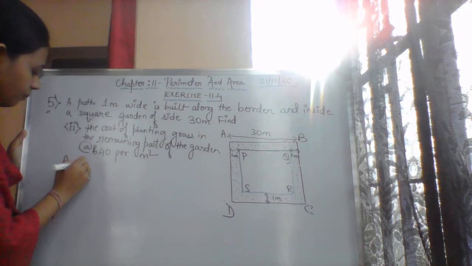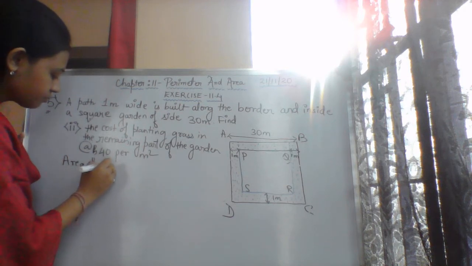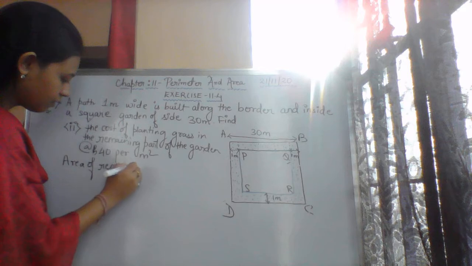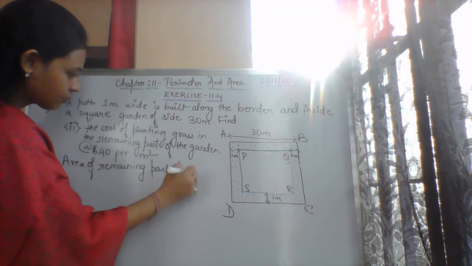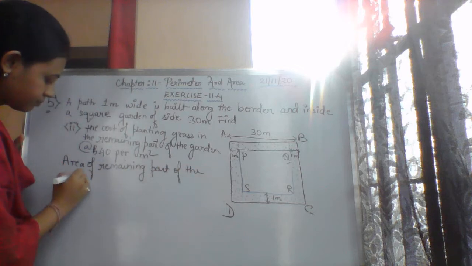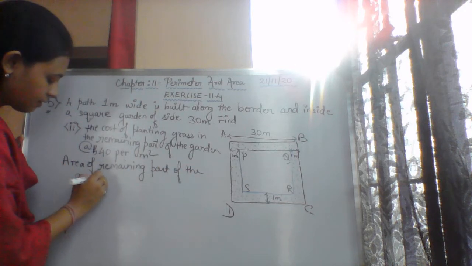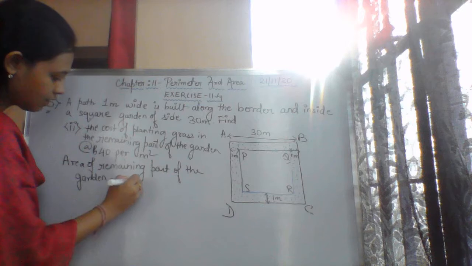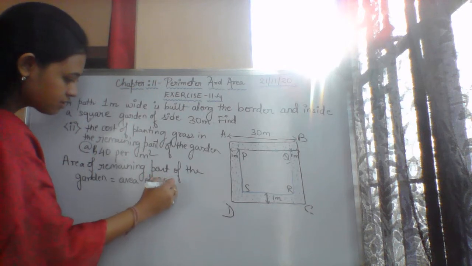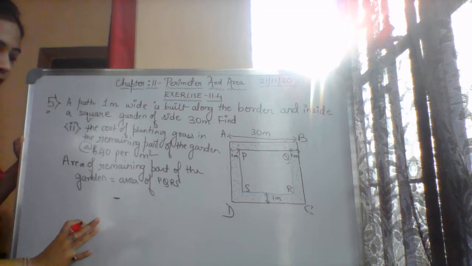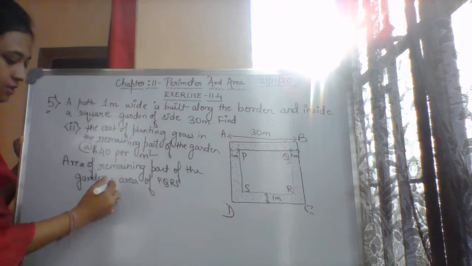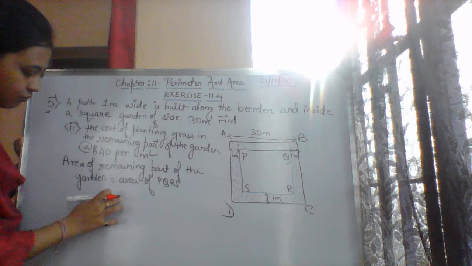So area of the remaining part of the garden equals area of PQRS, that is only the remaining part, and we have already calculated the area of PQRS in the previous first part.